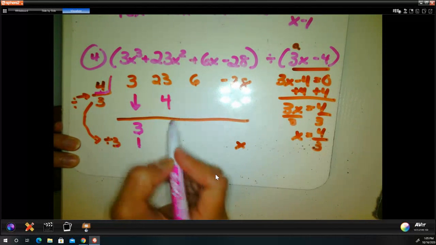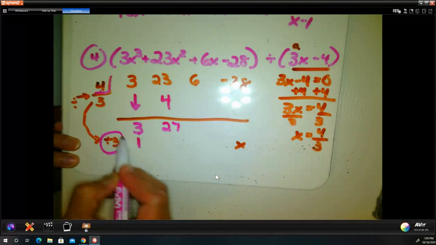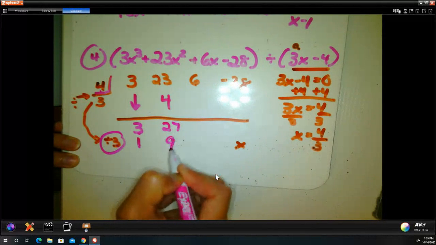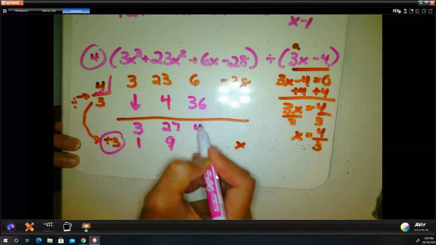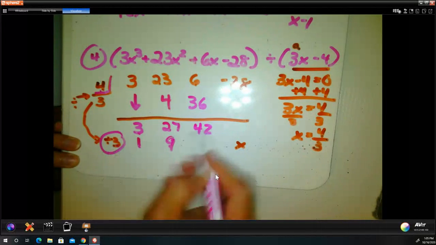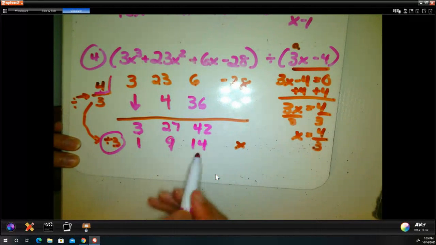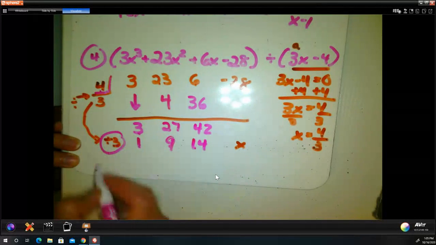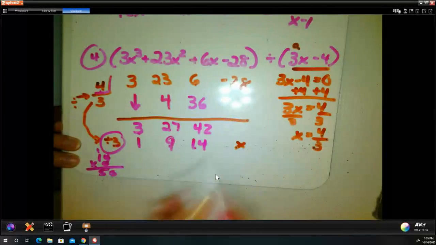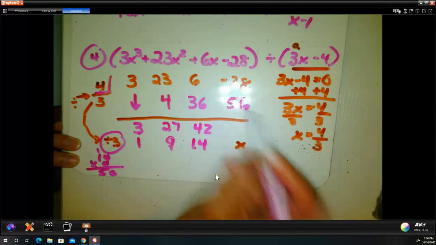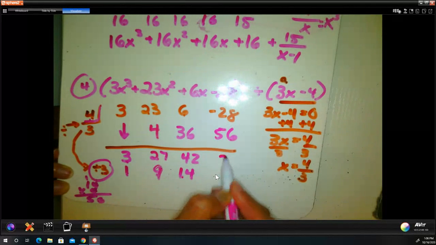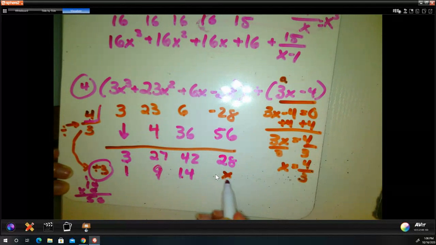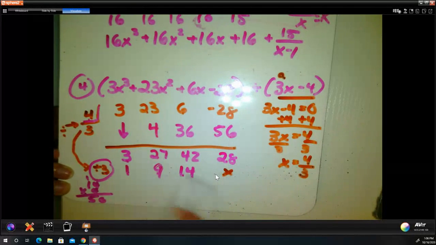Then I'm going to add these, 27, divide by this 3, 9, 9 times 4, 36, add what I see, 42, divide by 3 is 14, 14 times 4, I don't know why, but I'm having a little brain issue right now, so that's 56. 56 and negative 28 gives me 28, and you do not divide the remainder. That last slot you don't divide.